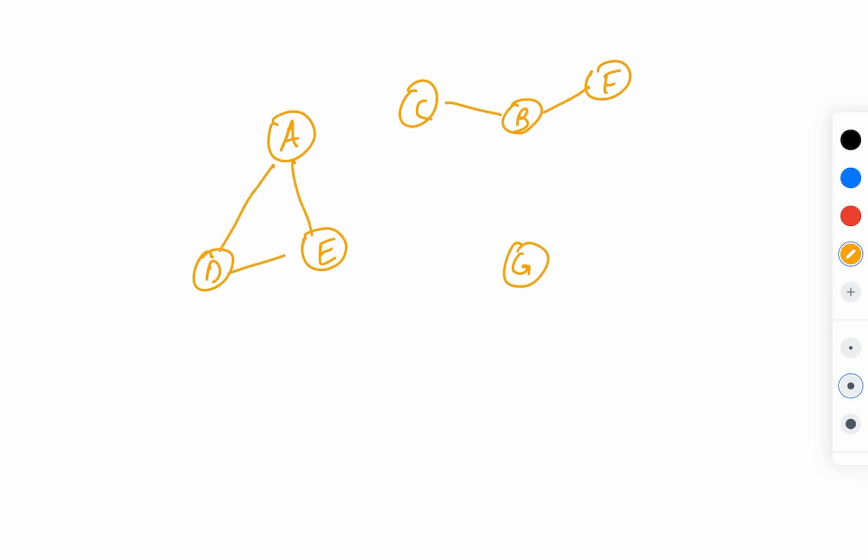Let's consider a graph like this, wherein we have these nodes given to us, and the edges represent the different paths, the relationships between each of them. So we have A, B, C, D, E, F, G. Let's add weights to it.